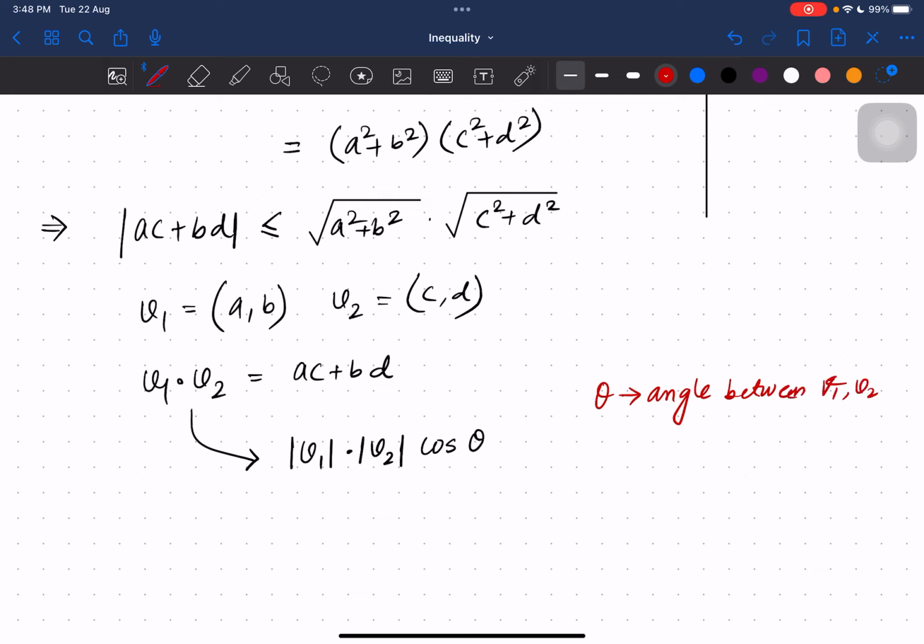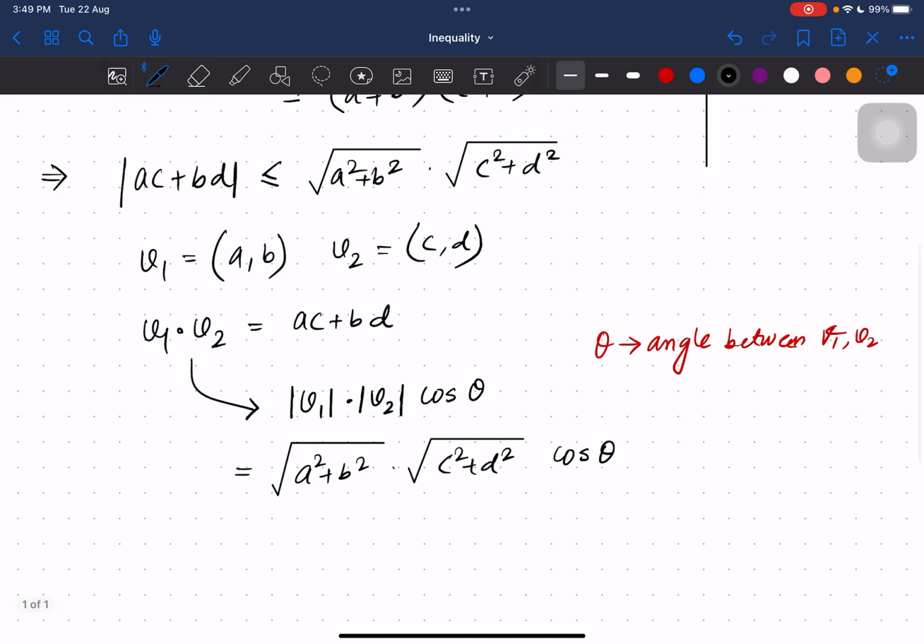Now modulus of v1, I know, is root over A square plus B square, because we are taking the Euclidean, the usual modulus, and then root over C square plus D square, times cos theta. But the maximum value of cos theta is 1, so geometrically also we can verify this one.